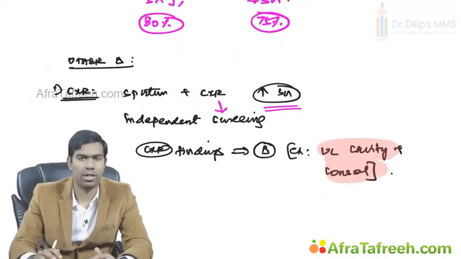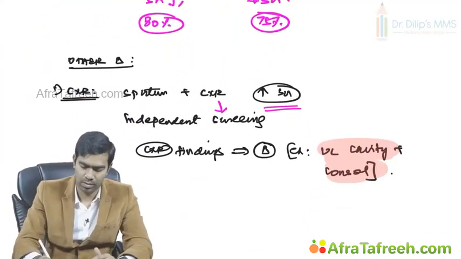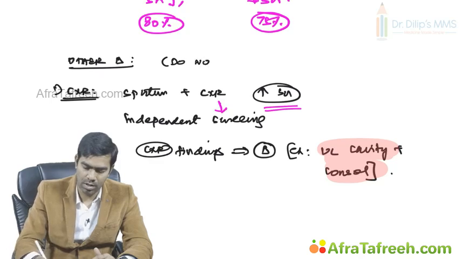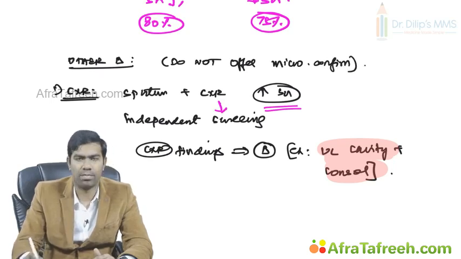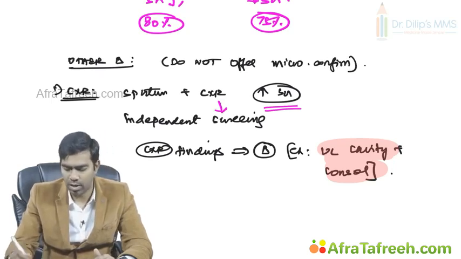But the other diagnostic tools I'm going to tell now do not offer microbiological confirmation. If you are going to confirm TB by any of these methods, what I'm going to tell from now on will be put under an entity called clinically diagnosed TB. So you cannot confirm microbiologically, but you will be just calling it a clinically diagnosed TB.